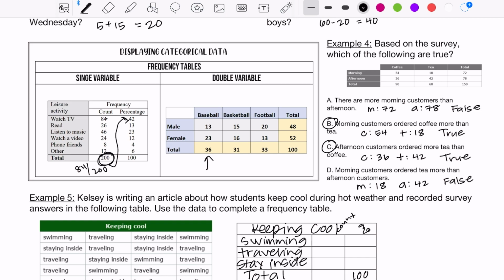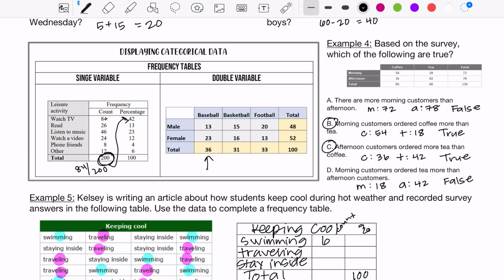So swimming, I'm going to count the number of swimming. So 1, 2, 3, 4, 5, 6. So that's going to be a total of 6. And I can't do the percent for that yet until I figure out how many are in the total table. And then next is traveling. 1, 2, 3, 4, 5, 6, 7, 8.